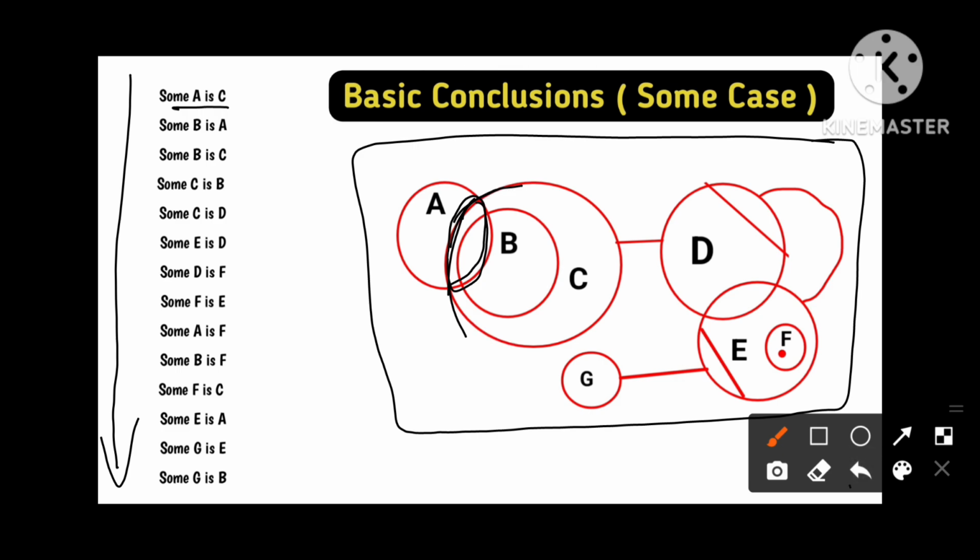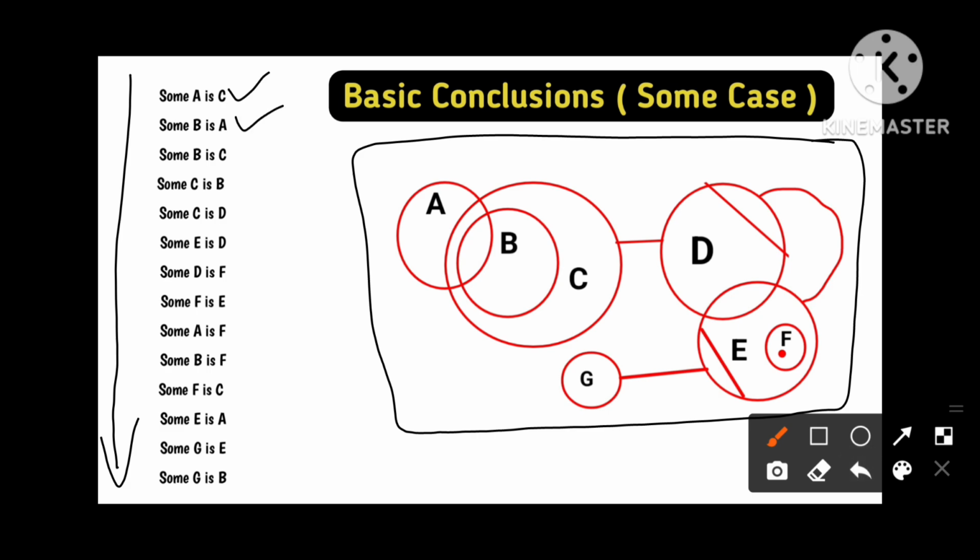Let's see the second conclusion. The second conclusion says that some B is A. Some part of B is sharing with A. Here I can see that some part of B is sharing with some part of A. It is visible in our basic statement Venn diagram, so this conclusion is true.